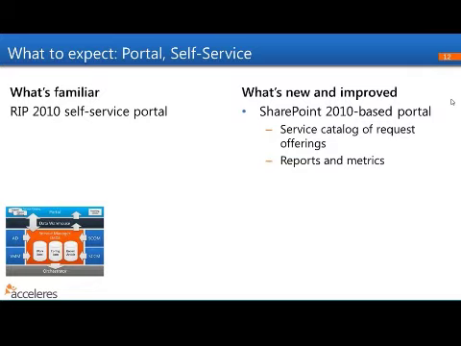That's the kind of thing that could theoretically be totally automated with Service Manager and with integration to VMM. So I think there's going to be a lot of emphasis by Microsoft on what this portal is and what kinds of things it can do. And then reporting and metrics, as we've said, are also going to be available in the portal as well.